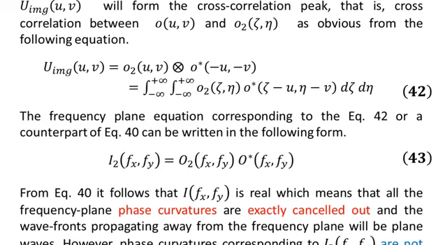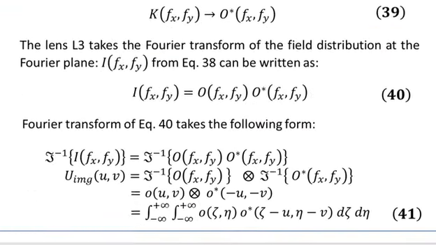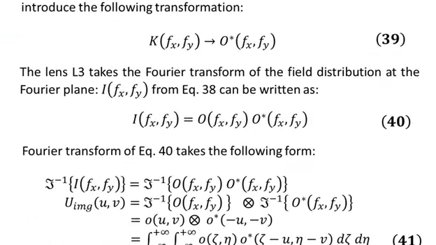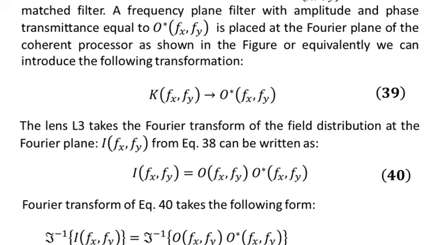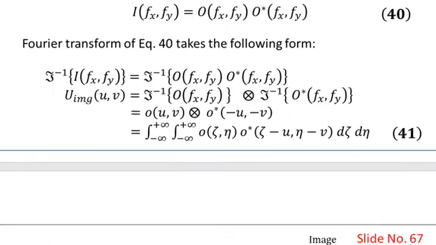Let me compare equation number 43 with equation number 40. You see that in equation number 40, on the right hand side, you have capital O multiplied by the complex conjugate of capital O, which means the right hand side can be written as the absolute square of capital O, a real, non-negative quantity.